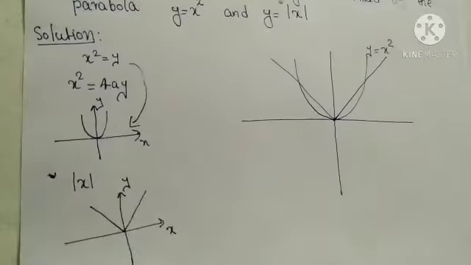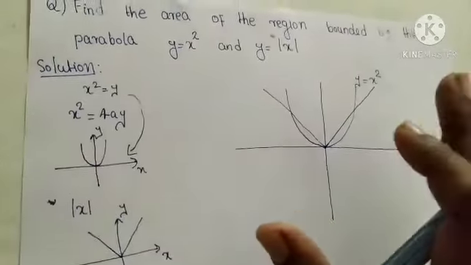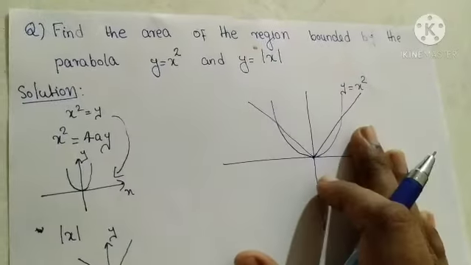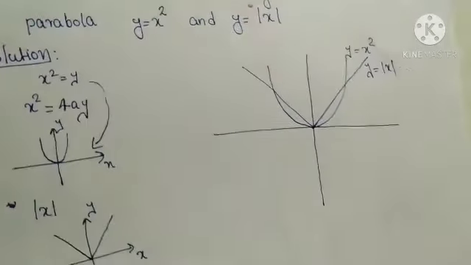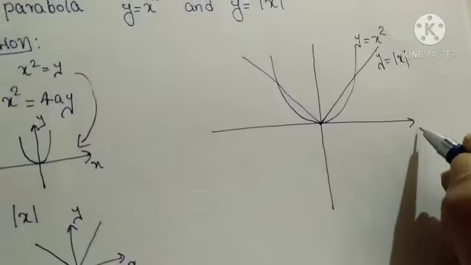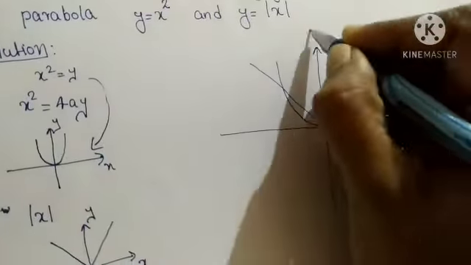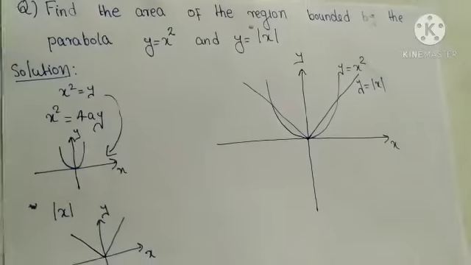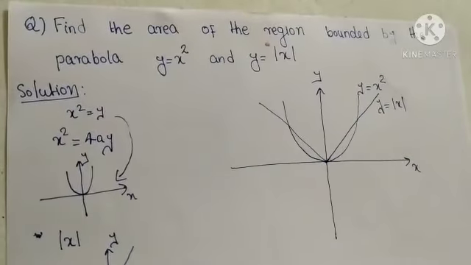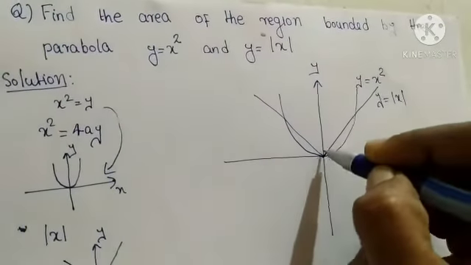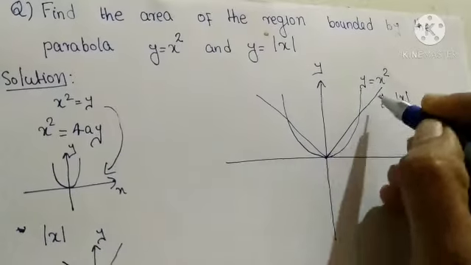Okay, so if we combine these two graphs, we will get this graph. This is our graph y equal to mod x, this is our x-axis and this is our y-axis. So we need to find the area of the region bounded by the parabola and the modulus function.